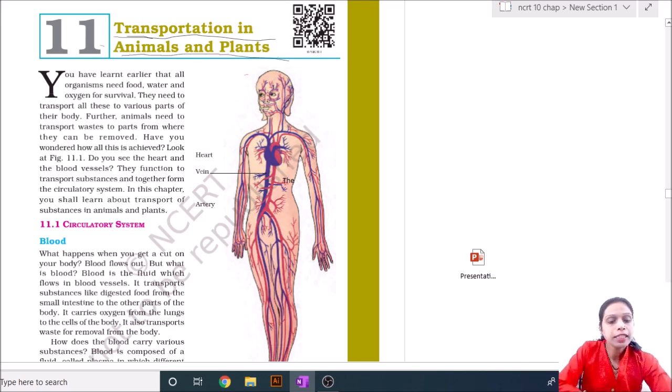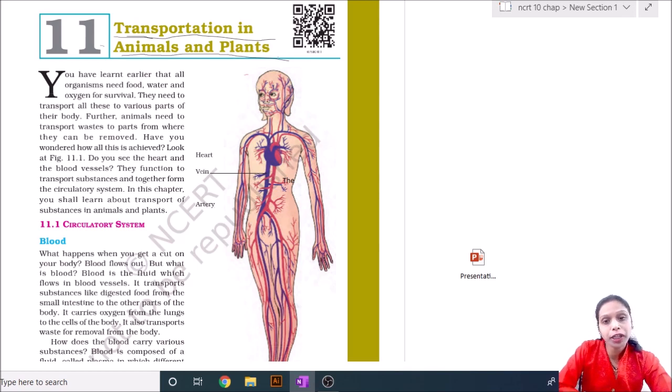Okay. In this chapter we will discuss how food components are circulated in our body and how oxygenated blood goes through our body. For knowing this, the very important thing is the circulatory system.